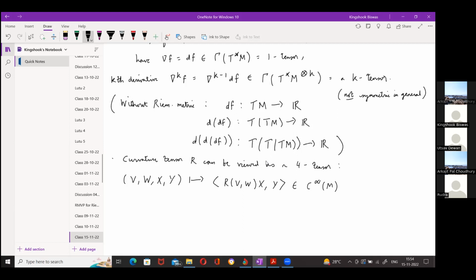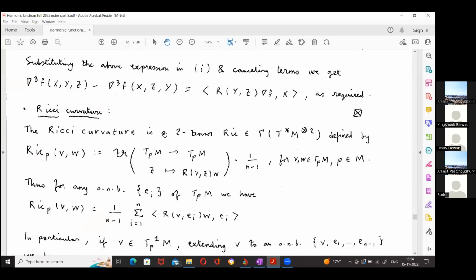Is this clear? Okay. Now, from this curvature tensor, it turns out that various combinations of the curvature tensor lead to other important tensors of lower order, which are also important in geometry. One of these is called the Ricci curvature. So what is the definition of the Ricci curvature? The Ricci curvature is a 2 tensor, so it acts on 2 tangent vectors or 2 vector fields.